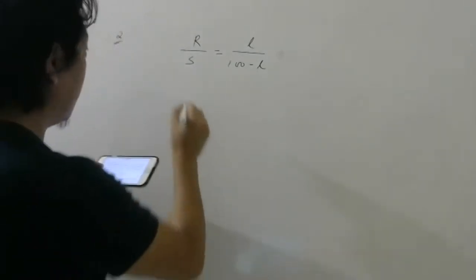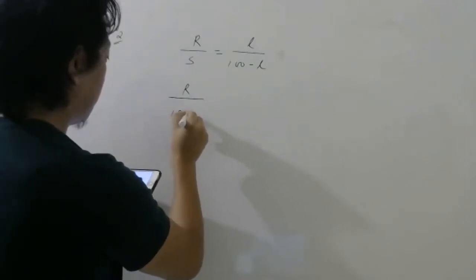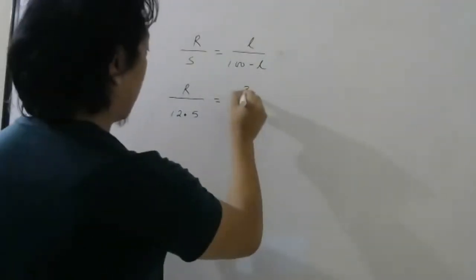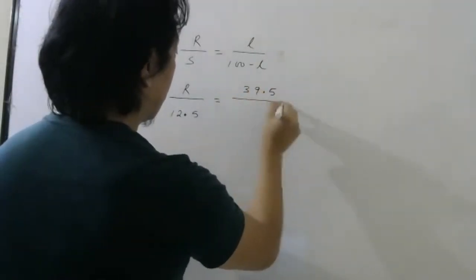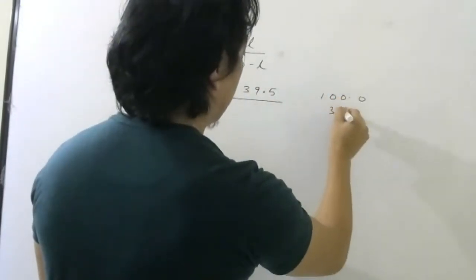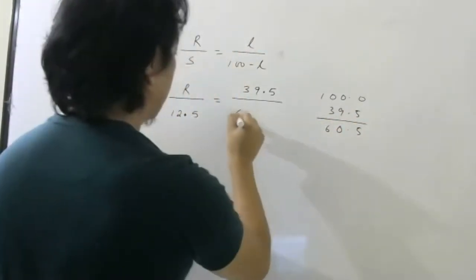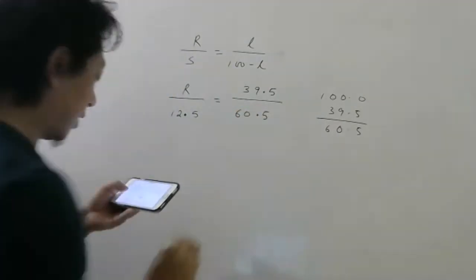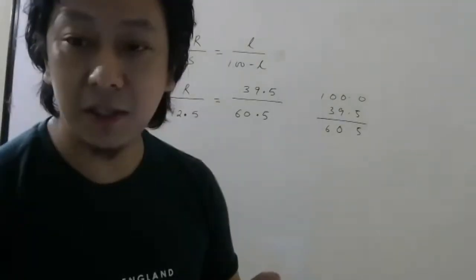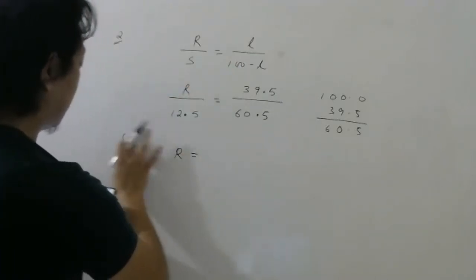So R we don't know. S is given 12.5 ohm. And balance length is given 39.5, and this will be 100 minus 39.5, that will be 60.5. So the first part of the question is to determine the resistance of capital R. Very direct problem.